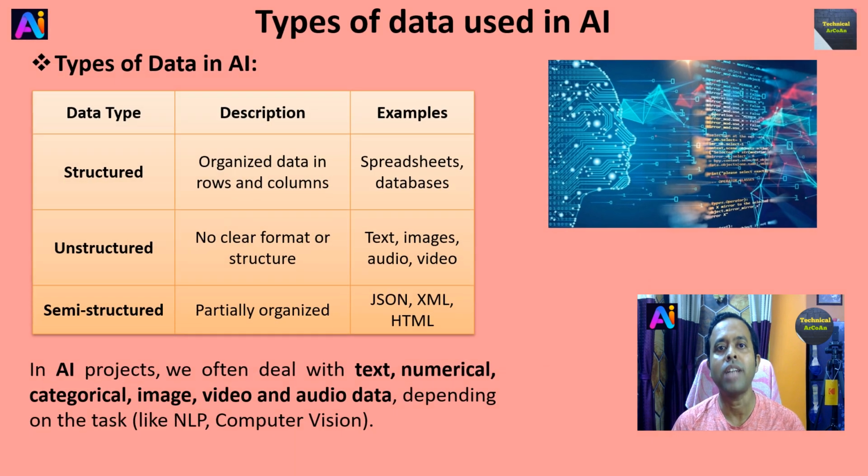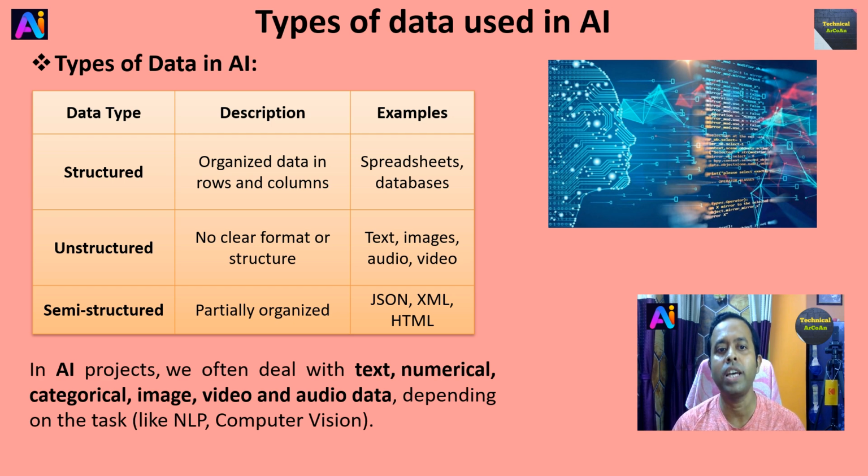Now we talk about the types of data used in AI. Basically there are three types of data. One is structured data, the other is unstructured and the third one is semi-structured. Structured data means organized data in rows and columns, for example spreadsheets, databases, tables like that, okay? Means where rows and columns are there, a proper rigid structure is there, right?